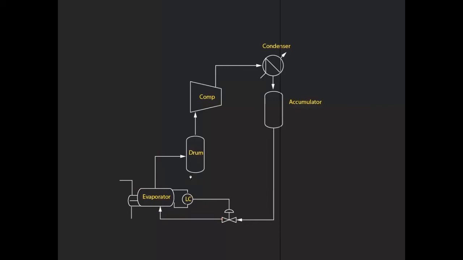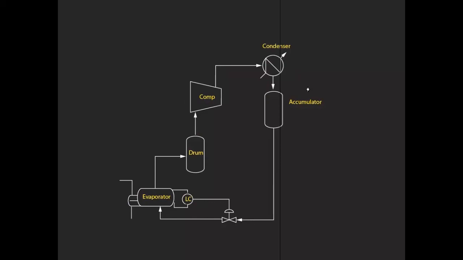We have a compressor that pulls the vapors off of the drum. The vapors are created by the heat added to the liquid in the evaporator from the tubes that are submerged in the liquid. That vapor passes into the drum. If there's any entrained liquid, it'll drop to the bottom so that we don't suck it into the compressor. The compressor then delivers high pressure refrigerant to the condenser.